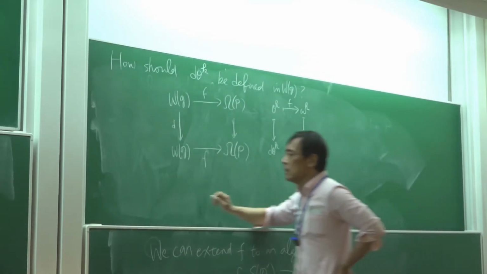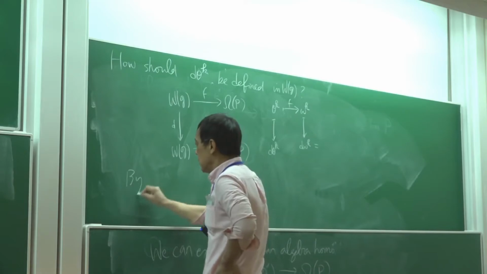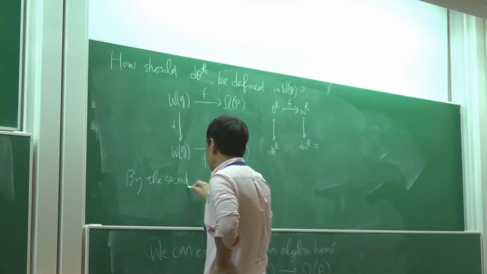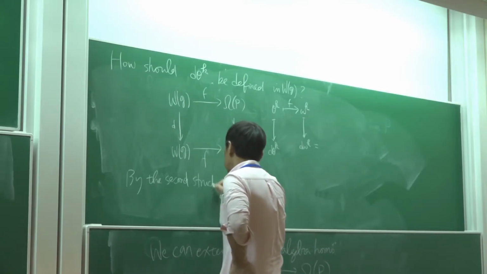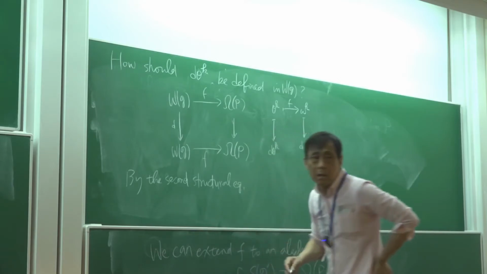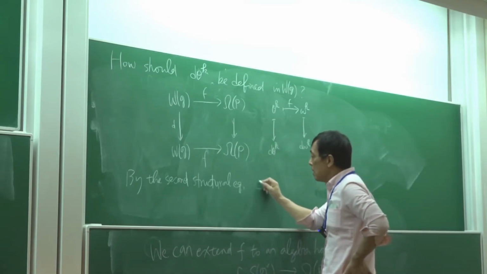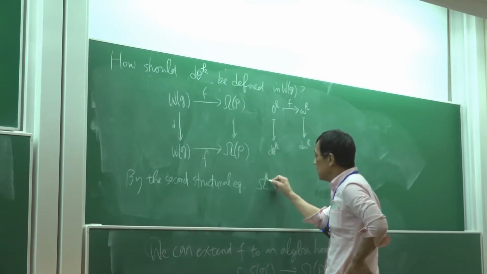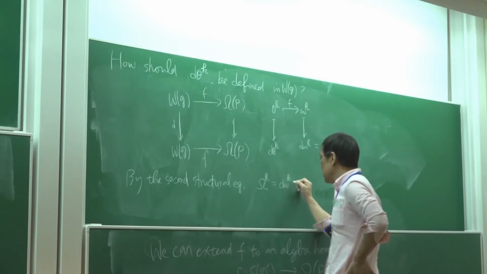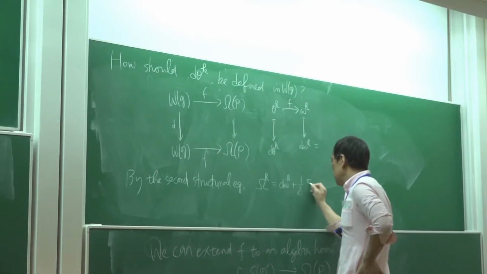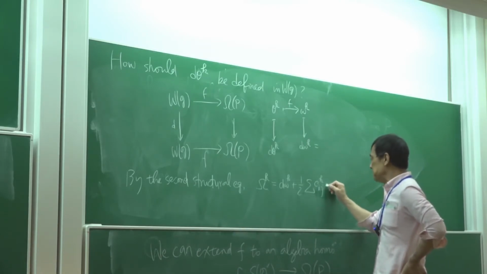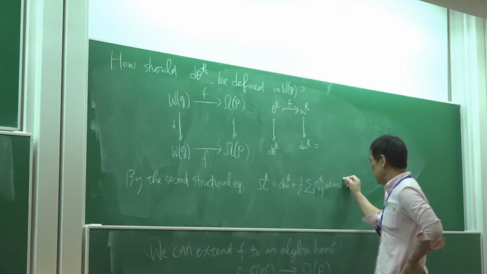By the second structural equation, omega k, the curvature, is d omega k plus 1/2 the sum of Cij omega I wedge omega j.